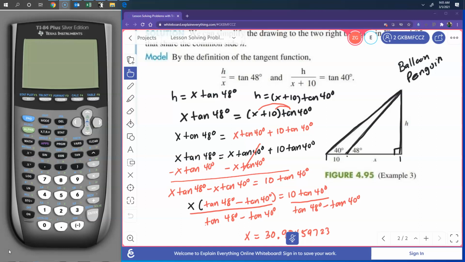I'm going to substitute into the first one. So h is equal to x times the tangent of 48. You already know what x is. So the height is approximately 34 feet.